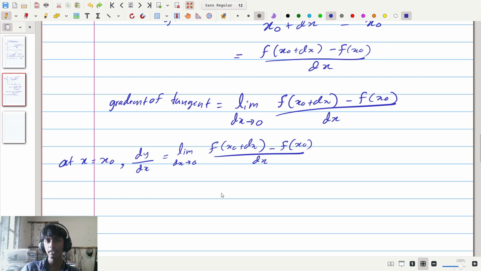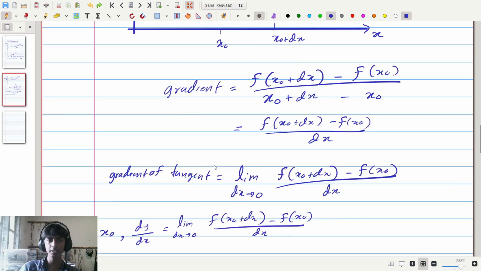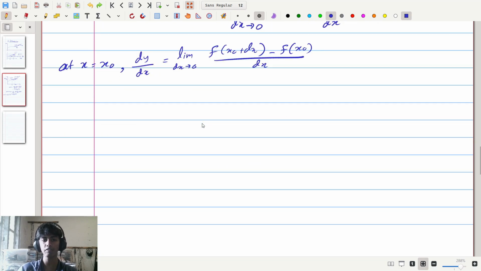Some other people take a different approach to representation. They say this thing right here could be written as its own function. So we have a different function, and that function gives us the gradient of this other function f of x at a certain point, and we denote that function as f prime of x. So we say f prime of x is a function that gives us the gradient of this graph f of x at a certain point x.